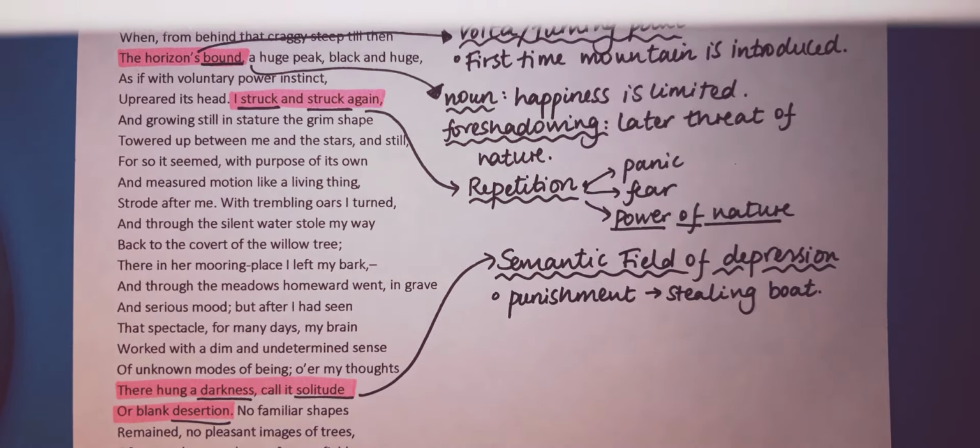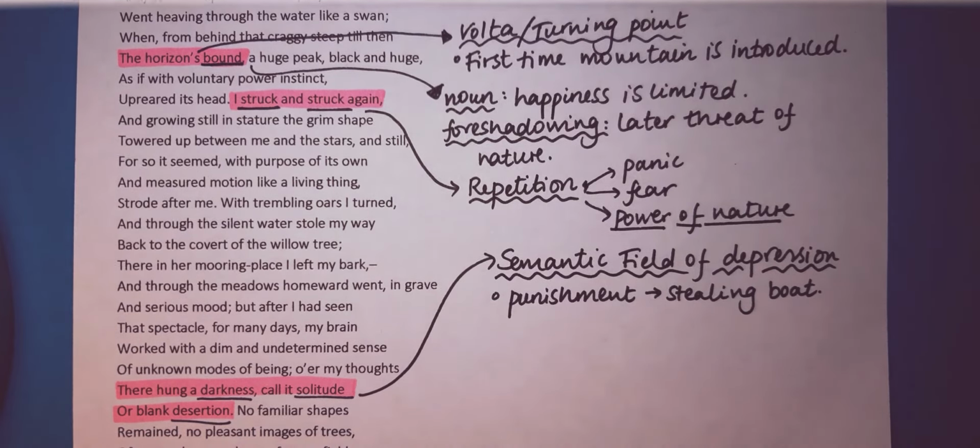To explain that a little bit further, we need to look at the words darkness, solitude, and desertion. He stole the boat at the beginning, he felt the guilt, and that guilt has turned into depression. So that is what these two lines highlight.